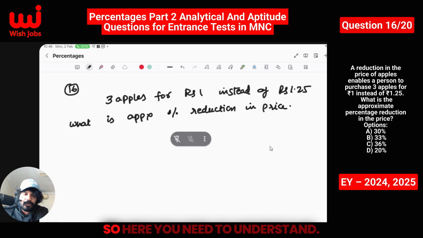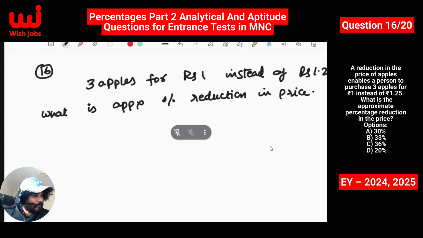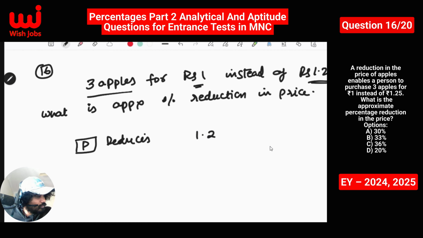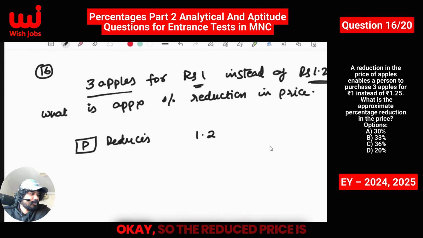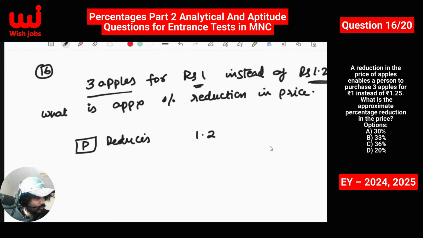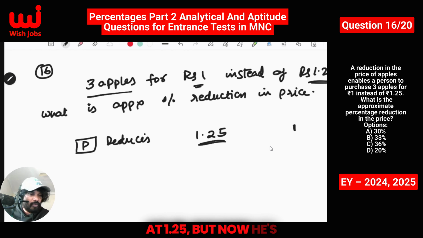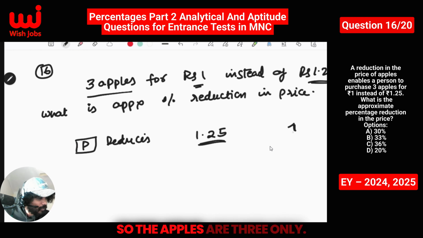So here you need to understand the apples are the same. The reduced price is 1. Previously it is 1.25. He used to buy 3 apples at 1.25, but now he is buying them at 1 rupee only. So the apples are 3 only.